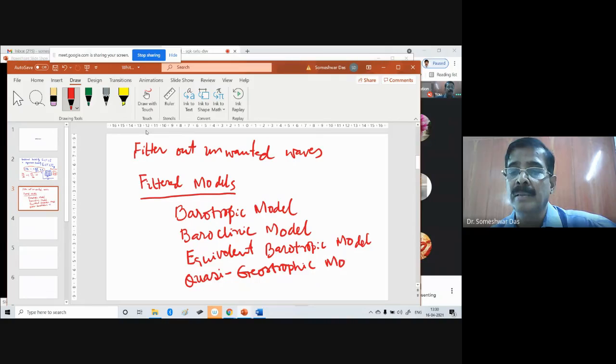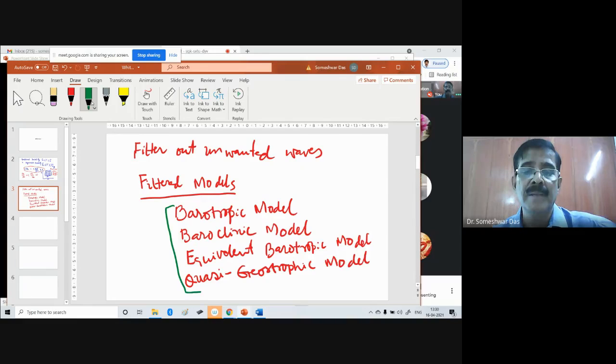Okay, so these models are called the filtered models.